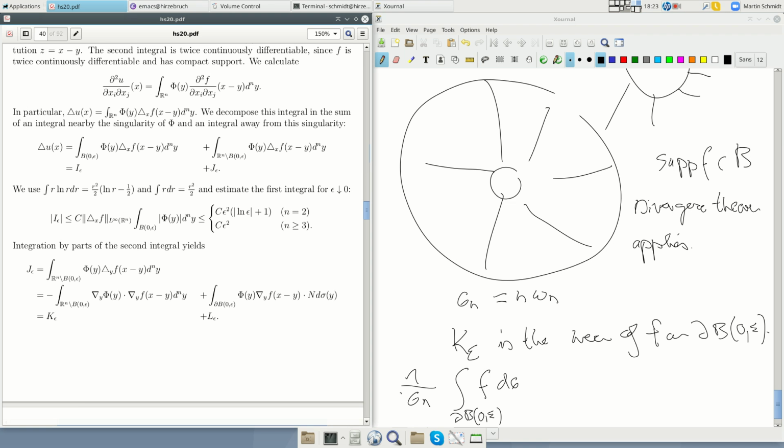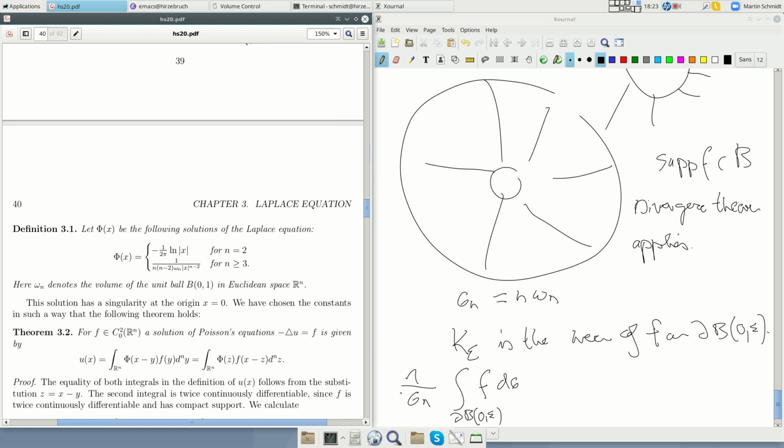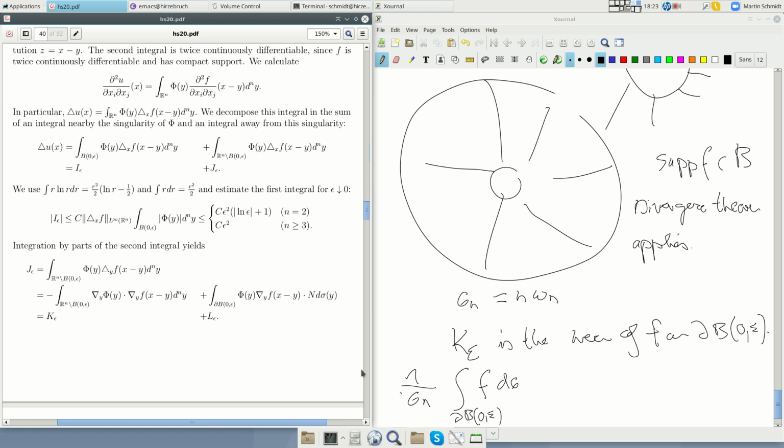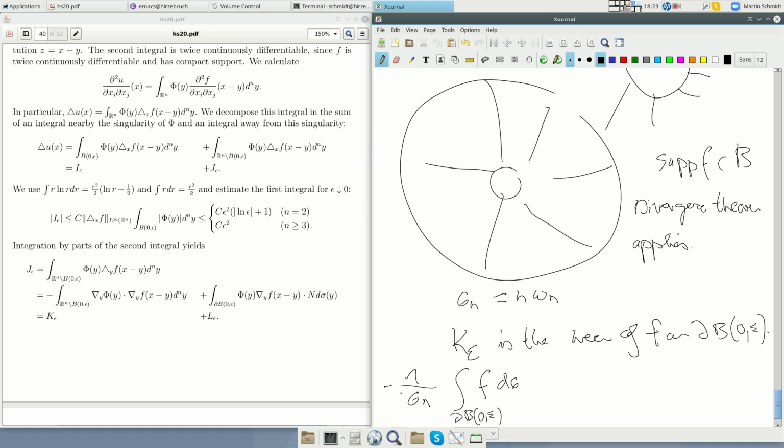We should be careful. We calculated the Laplacian. Yeah, so we calculated the Laplacian, and so we get a minus. And now we should take the limit. Okay, so let's write down our formula, what we finally have.